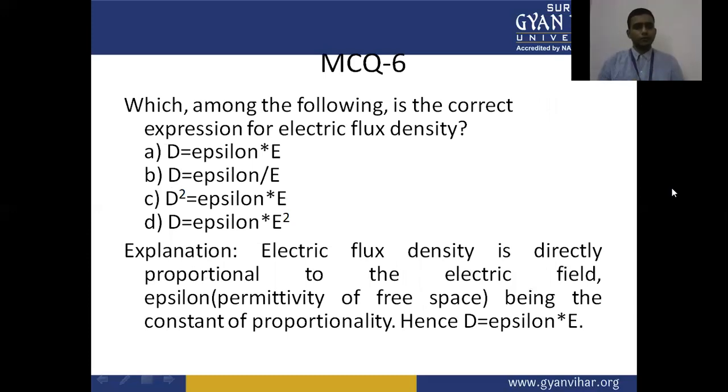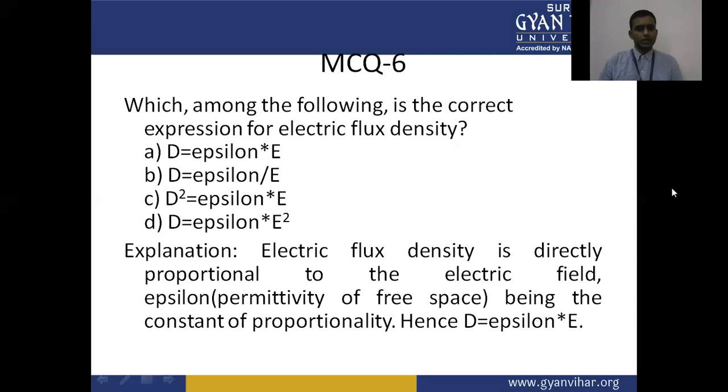Which among the following is the correct expression for electric flux density? A, D is equal to epsilon into E. B, D is equal to epsilon upon E. C, D square is equal to epsilon into E. D, D is equal to epsilon into E square.